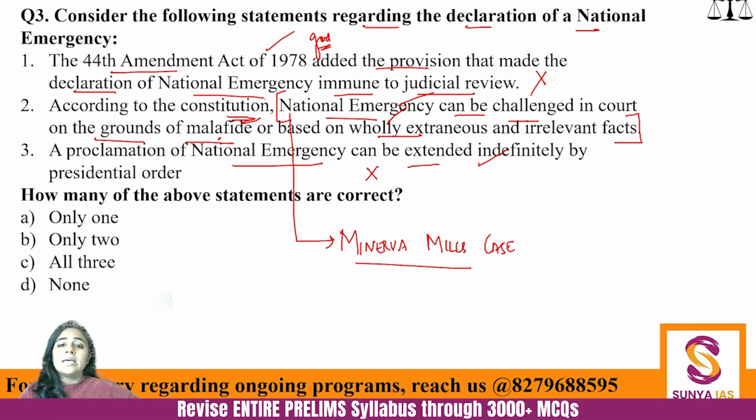What are the grounds? That it is malafide, based on wholly extraneous and irrelevant facts, etc. Okay, I hope you understand. So the Minerva Mills case has also commented upon the national emergency.